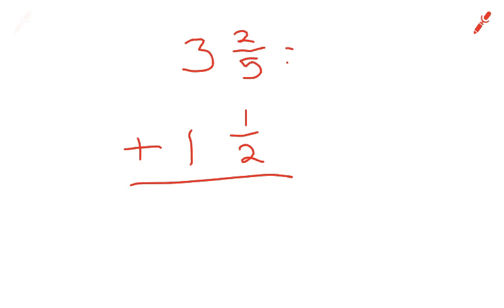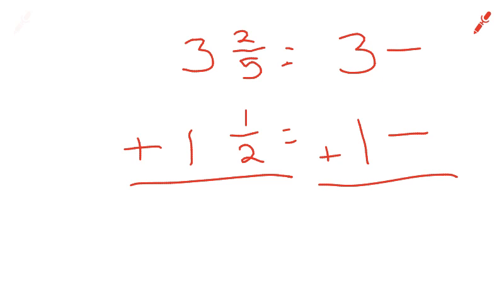I'm going to rewrite our problems with our whole numbers and a fraction bar all ready to go. 5 and 2. We're looking at our 5 and our 2. And what is the LCD for 5 and 2? The lowest common denominator for both 5 and 2 would be 10. The lowest number that 5 and 2 both go into.